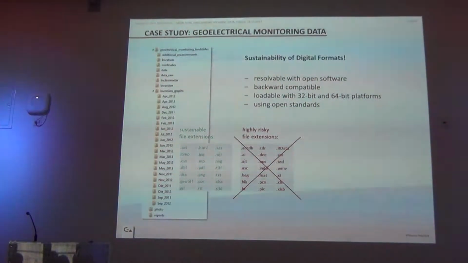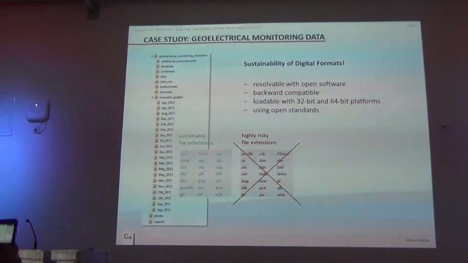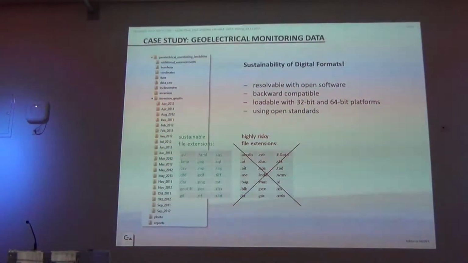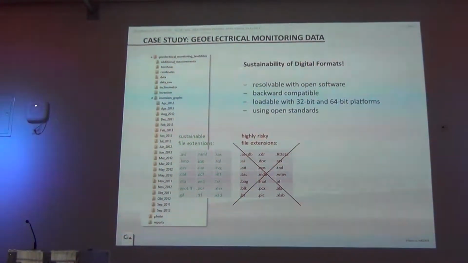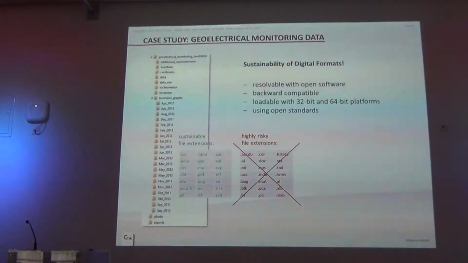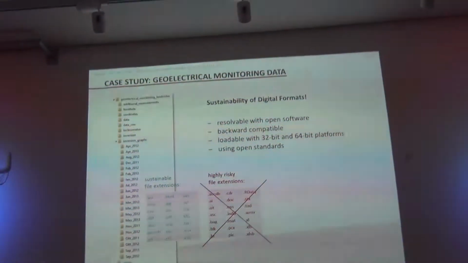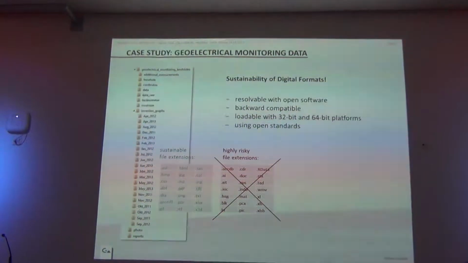can put this data on a data repository, you have to make sure that you use sustainable file extensions. It means file extension which can be open even in 10 years. And it means those are file extensions, they are resolvable with open software, they are backward compatible, they should be loadable with 32 or 64-bit platforms, and of course they have to use open standards.